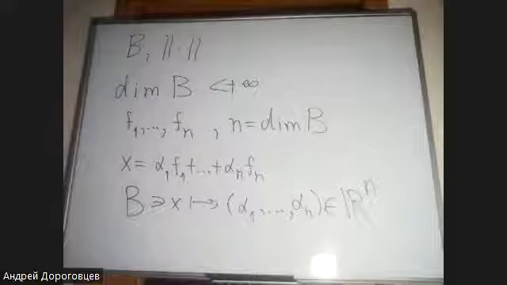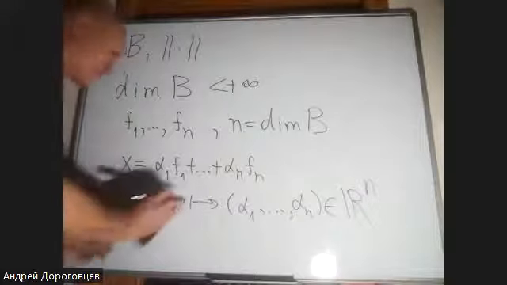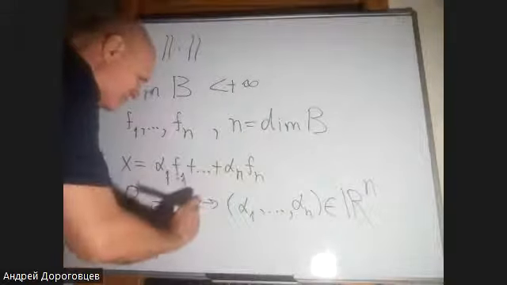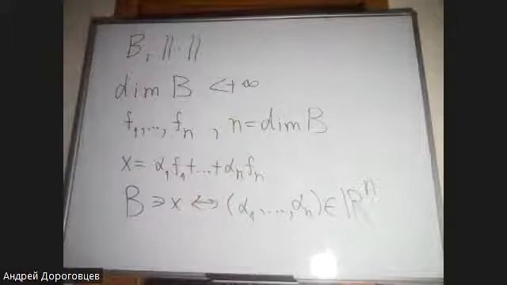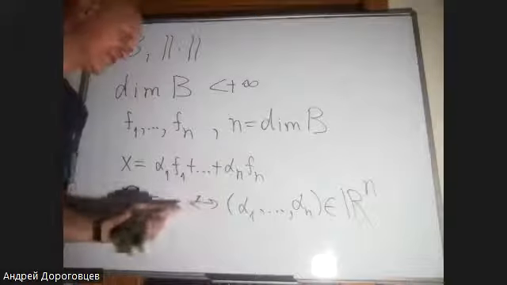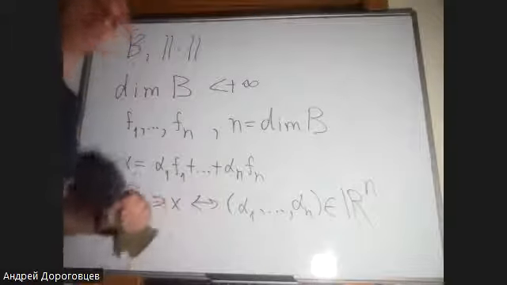We understand that this is a one-to-one correspondence. Due to the properties of the norm, it is continuous in both directions.